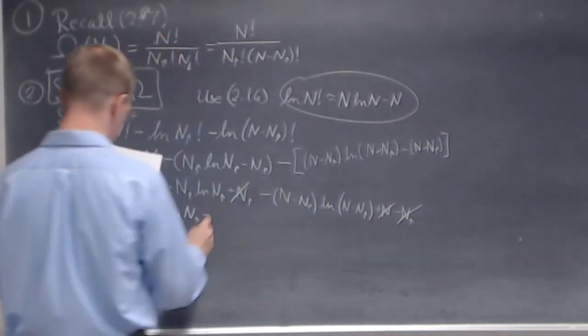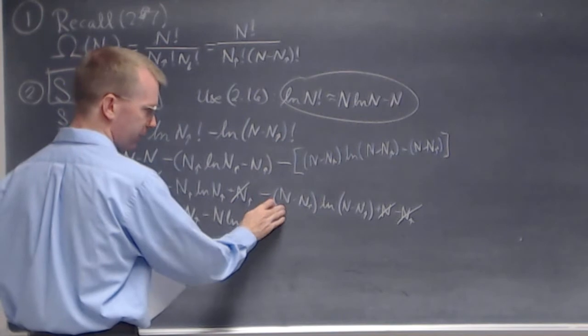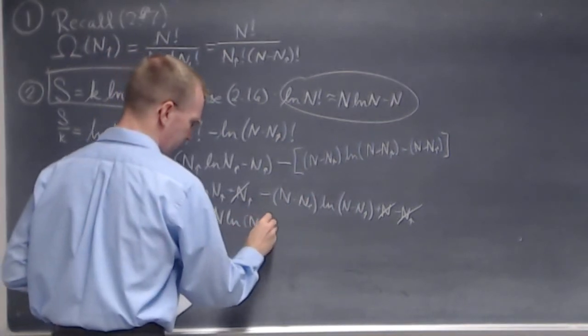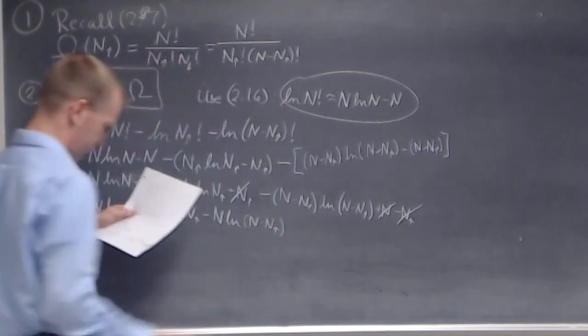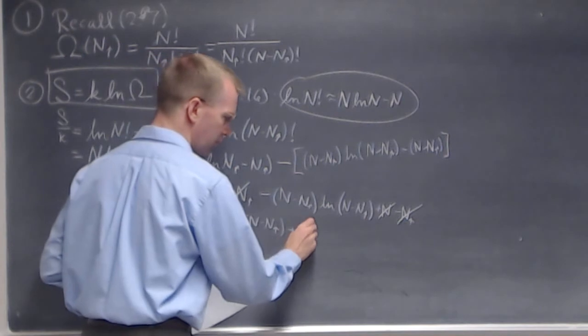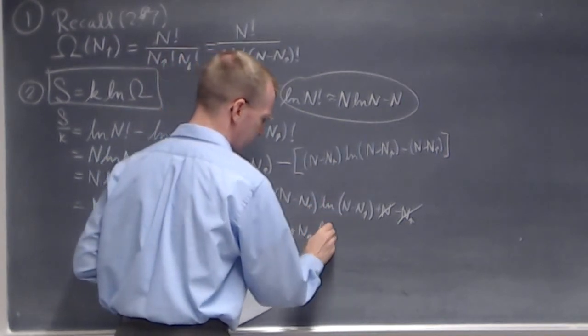Okay, so I've got now minus n log n minus n up, plus n up log n minus n up.